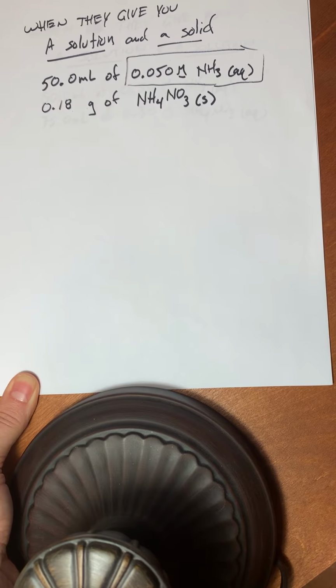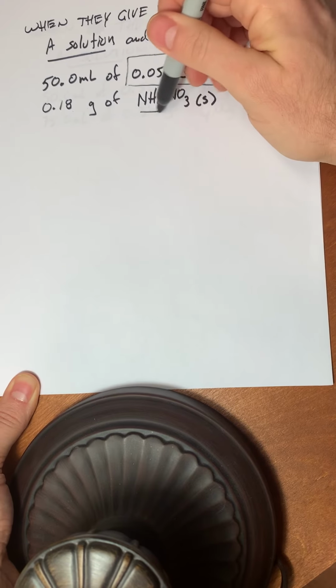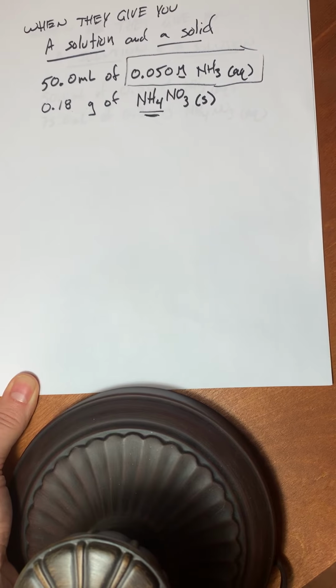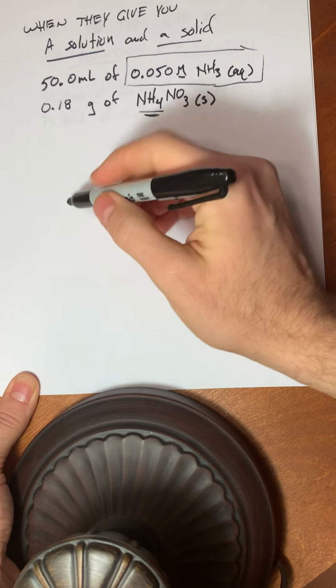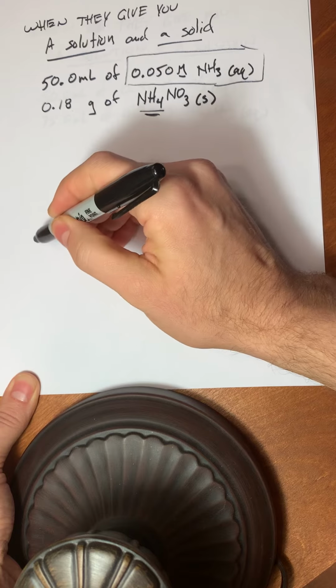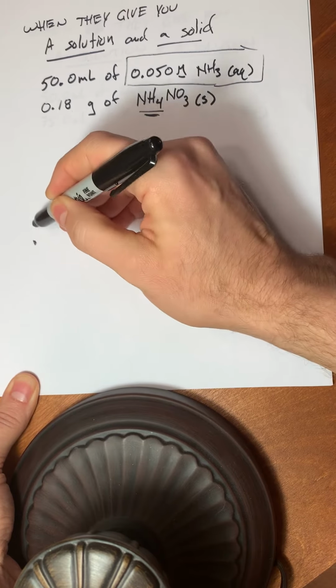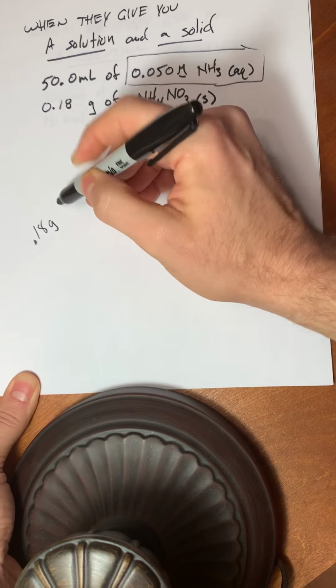Now the trick is, what's the ammonium ion concentration? The ammonium is right there, so we need to figure out how many moles of that we have and the volume. To figure out moles of ammonium nitrate, we have 0.18 grams.